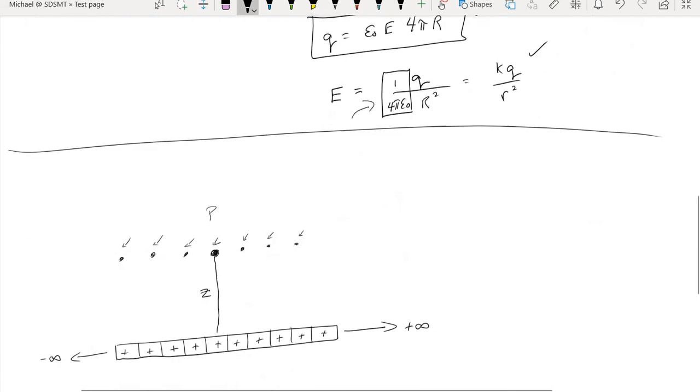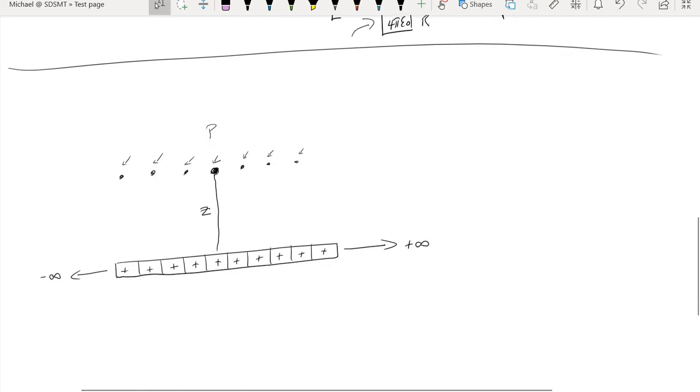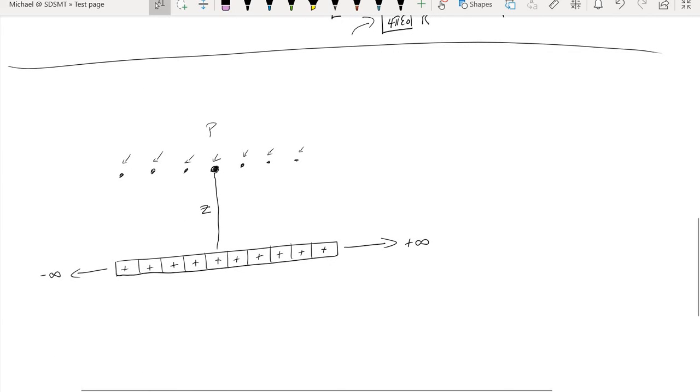So we want to see if we can reproduce that trick here. It looks like everywhere along this line we're going to see the same magnitude of electric field. So everywhere there we have a uniform electric field magnitude.